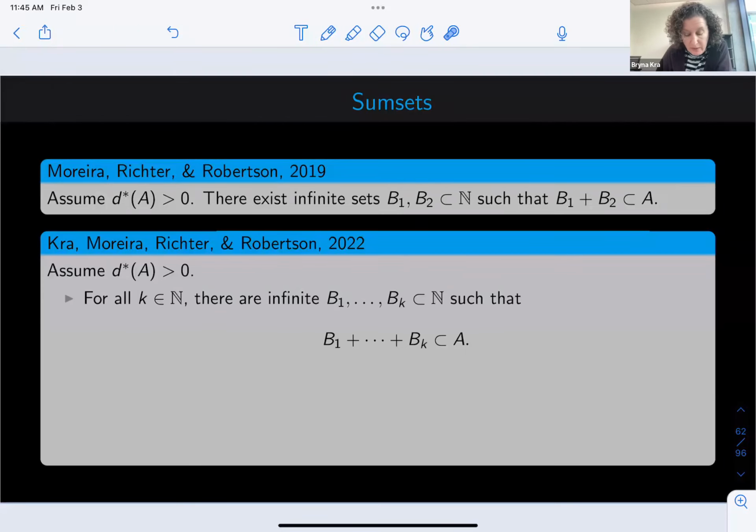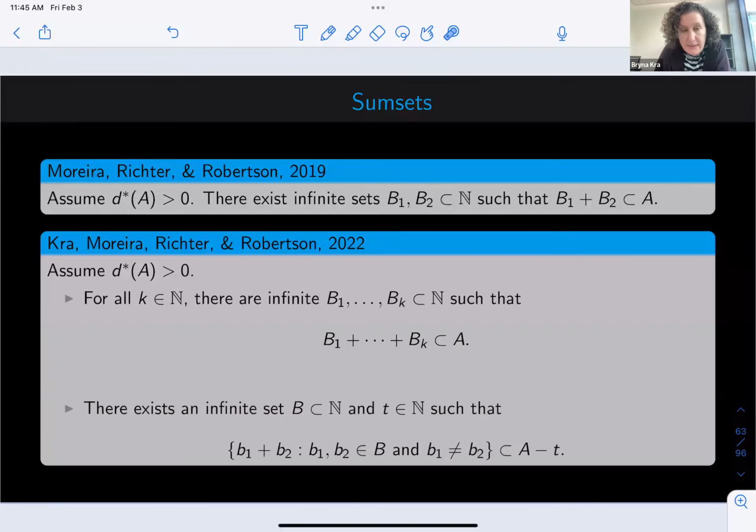So the theorem, one of the papers that you're reading, is that you give me a set with positive density, you can find K infinite sets, B1 up to BK, such that all of the sum sets from taking bi from the corresponding set Bi are contained in A. And a second paper, which is a shorter paper using the same ideas, is that there is an infinite set B and a translate such that when you take the sum sets of distinct elements, so b1 is not equal to b2 here, you get back into the set up to a fixed translate.